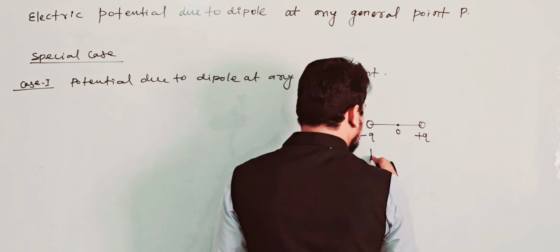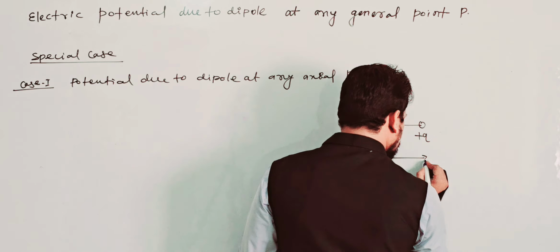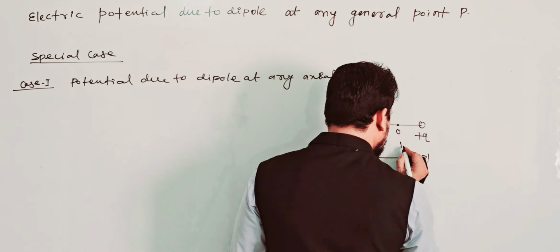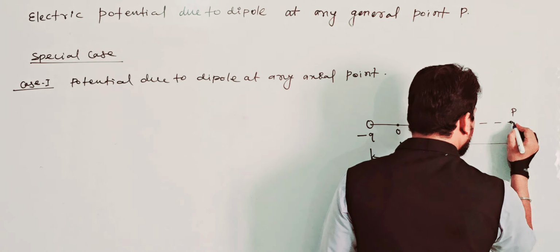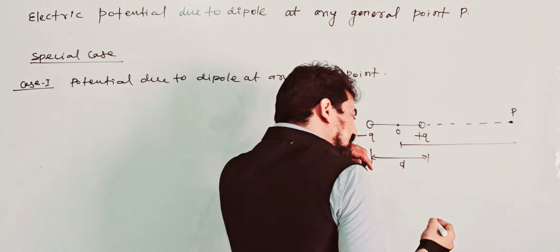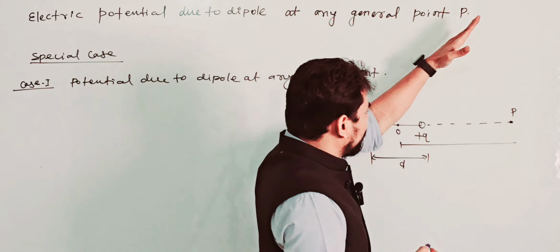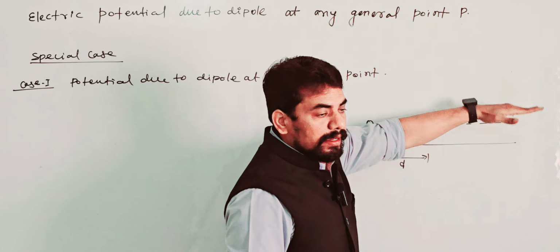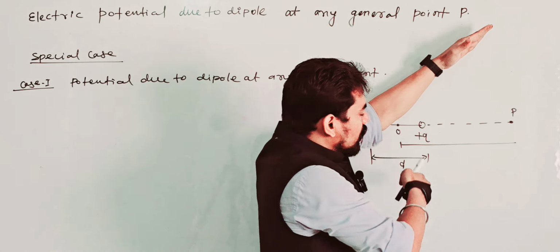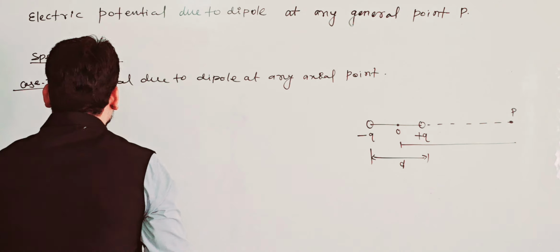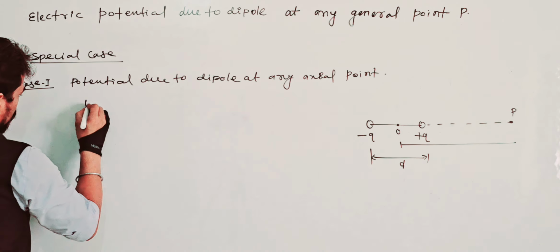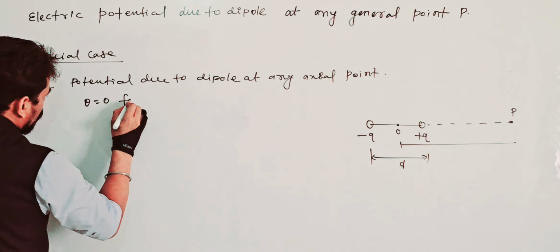This is the center of the dipole, this is the separation between the charges, and this is the general point P. This is a special point. If this is theta, you can reduce theta to 0. You will take theta equals 0 for an axial point.